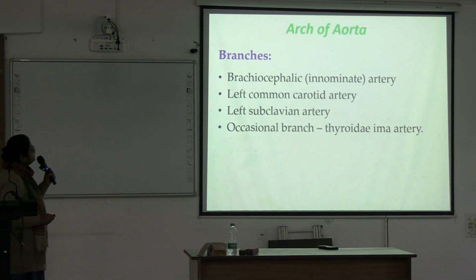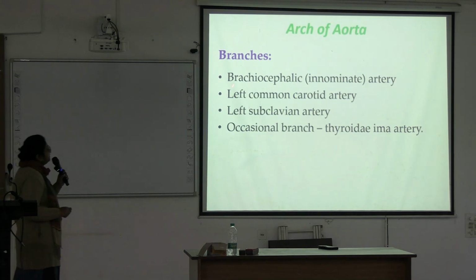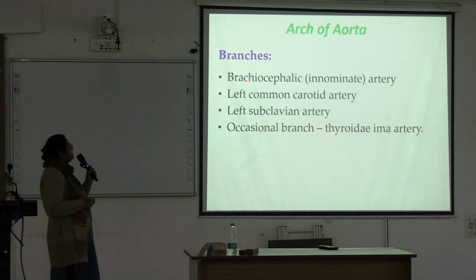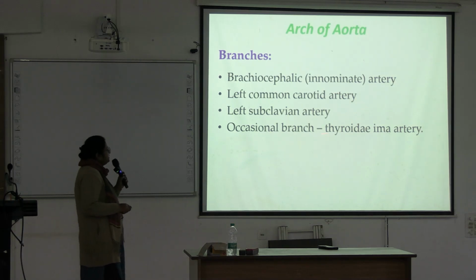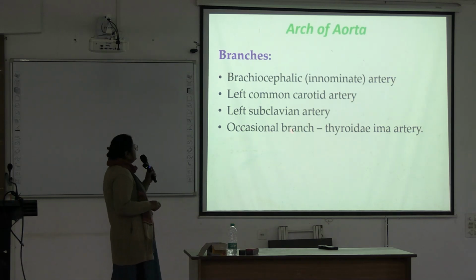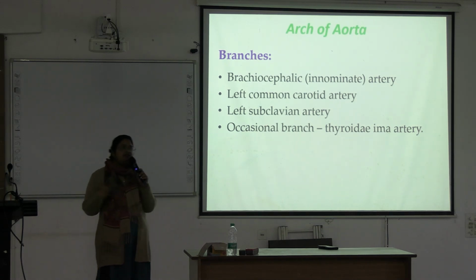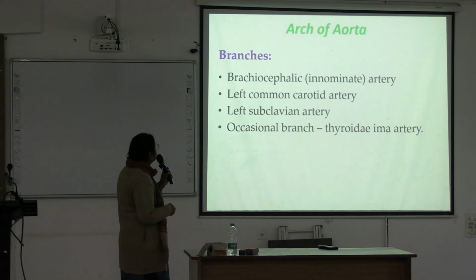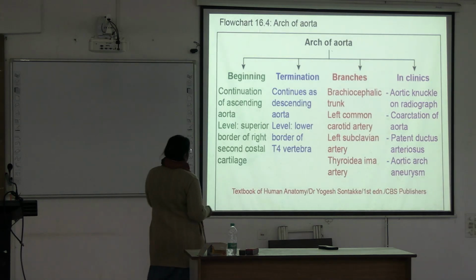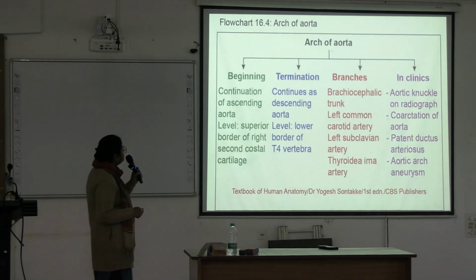These are the branches of the arch of aorta, from right to left: brachiocephalic trunk, also known as innominate artery, okay, and left common carotid artery, left subclavian artery, and this is an occasional branch, thyroidea ima artery, supplying the isthmus of thyroid gland. So this is the summarization of the arch of aorta.